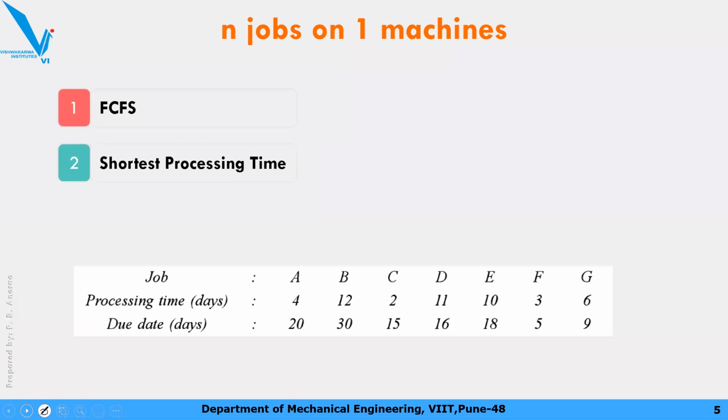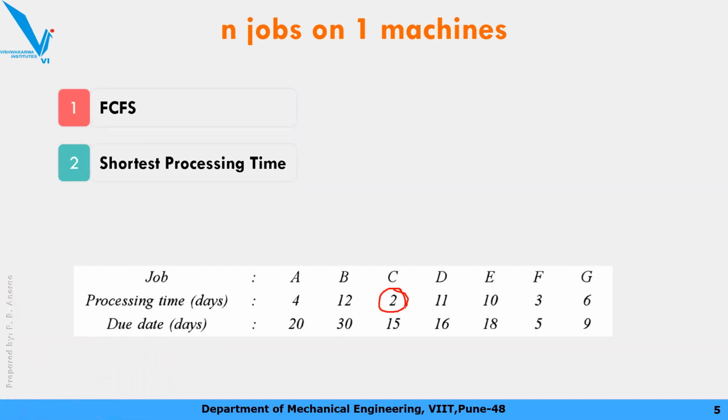Another thing is you can obtain the optimum sequence by shortest processing time. So you will look at all the jobs and जो job जल्दी से complete हो रहा है, you will work on that job first. Okay, so you will look at कि भाई हाँ ये C वाला job it requires very less time.